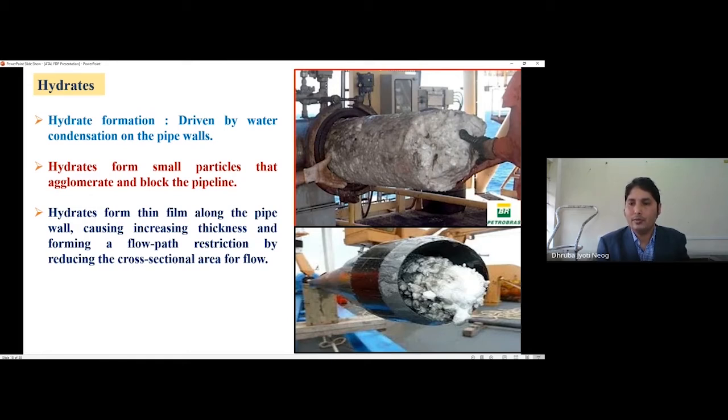Therefore, it is required to remove or treat those hydrates so that fluid flow can be sustained. Hydrates form a thin film along the pipe wall, causing increasing thickness and forming a flow path restriction by reducing the cross-sectional area for flow.